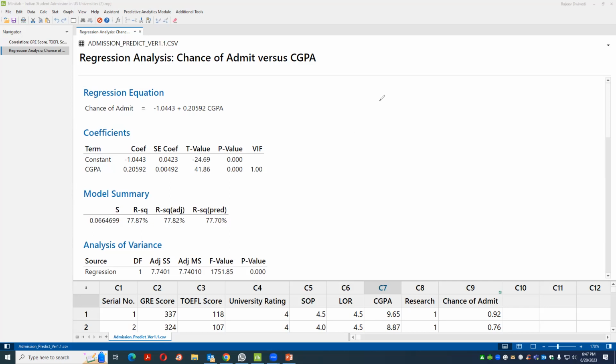So in regression, again, the hypothesis is this. Please pay attention. The null hypothesis in regression says all constants and slopes are 0.